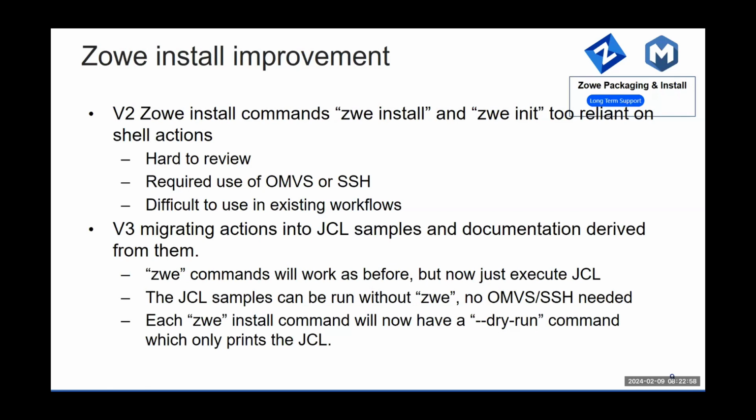And similarly, we've received feedback that people want to see what's about to happen before it happens as often as possible, right? And so when we considered all that feedback, one of the takeaways we got is that more things need to be in the form of JCL samples, and any automation that we might have needs to be merely an option so that people can do things in their own way if they so choose.